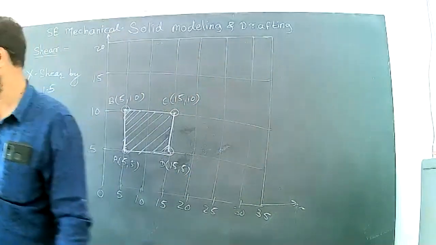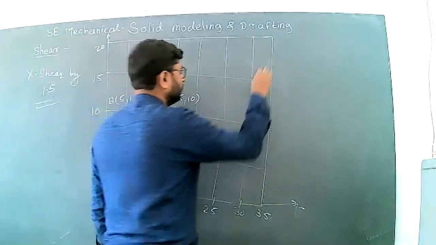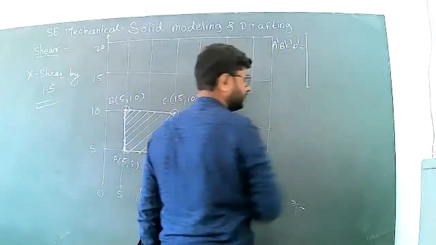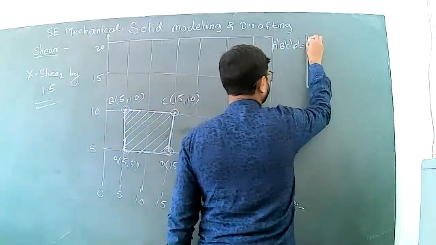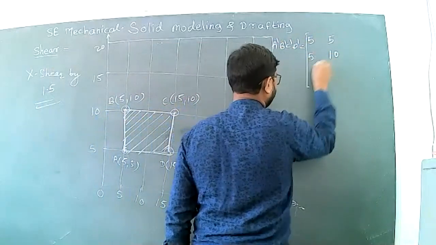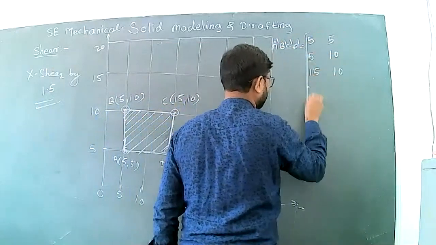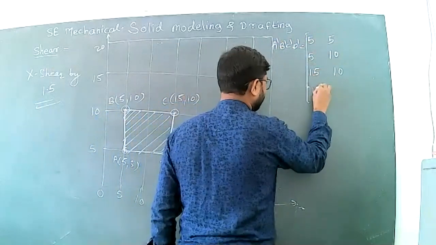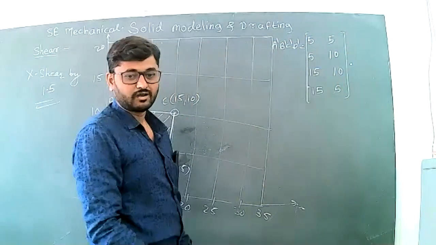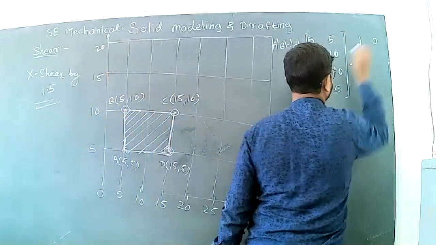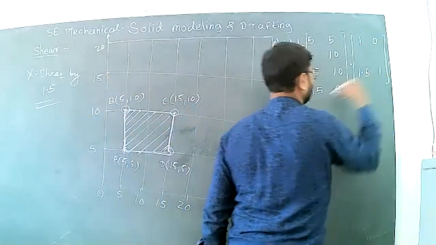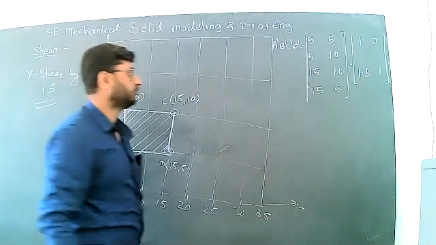Those equations are [A', B', C', D'] equal to the matrix 5, 5, then 5, 10, then 15, 10, and 15, 5, multiplied by the shear matrix 1, 0, 1.5, 1.